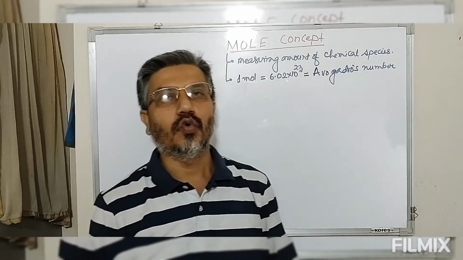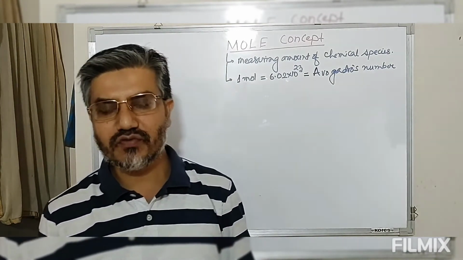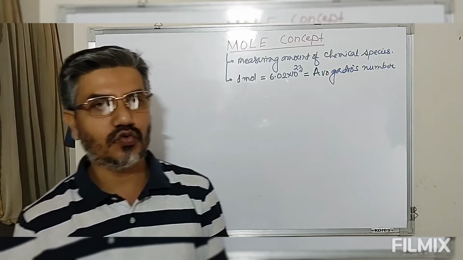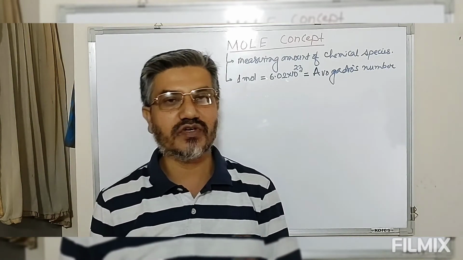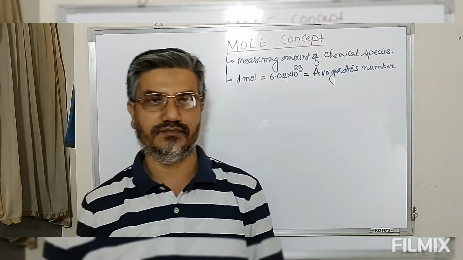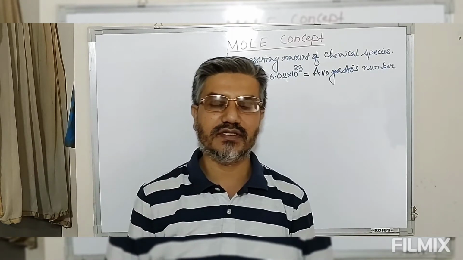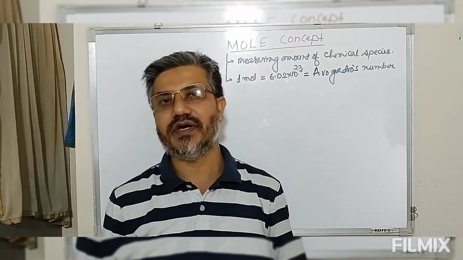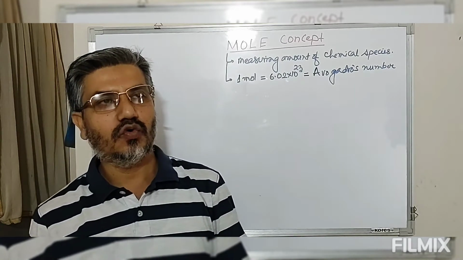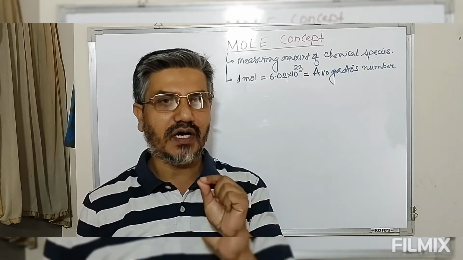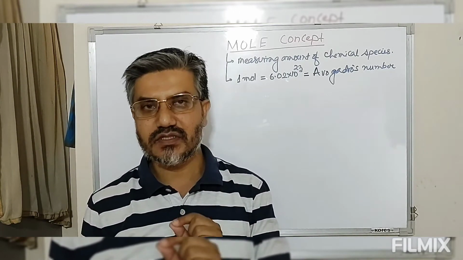Now, when the mass of carbon 12 was measured, it was found to be 12 gram, as we have discussed earlier while discussing atomic mass, gram atomic mass.